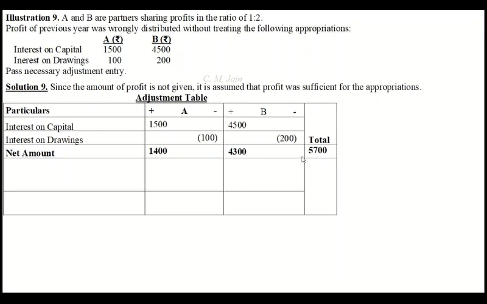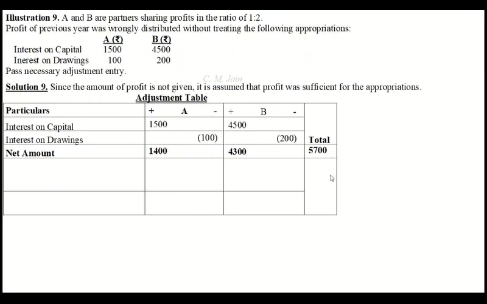This is the amount 5,700 that was to be appropriated, that was to be given in the form of appropriations to both the partners, but which was not given. Since it was not given, that means more profit was distributed among the partners. Whatever the amount of profit was, the entire amount of profit was distributed among the partners without these appropriations. That means 5,700 excess amount was distributed.